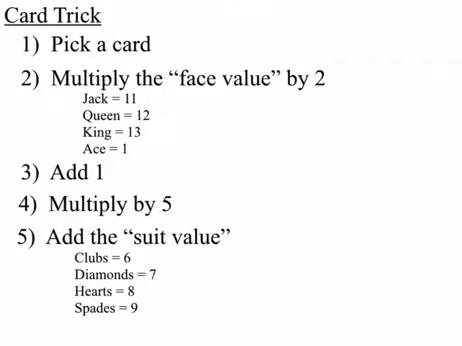Now, in your packet you've got lots of extra room there. So I actually want you to do the trick. After you've multiplied your face value by 2, you're going to add 1 to that value. Then you're going to multiply by 5.